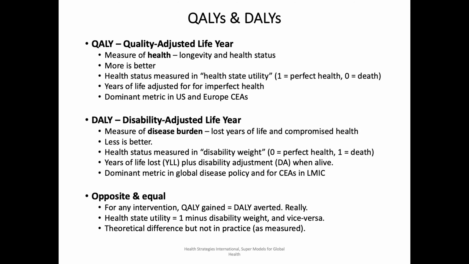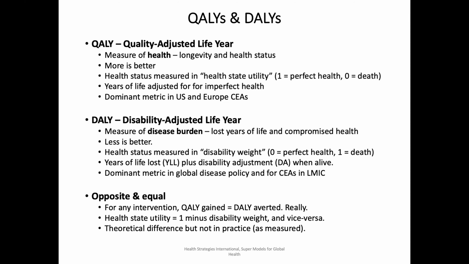It turns out that sometimes the available data on disability weights from IHME and from WHO are a relatively limited set of disease states, since there are so many disease states. The data available on health state utility is actually larger. There's been much more research on that.